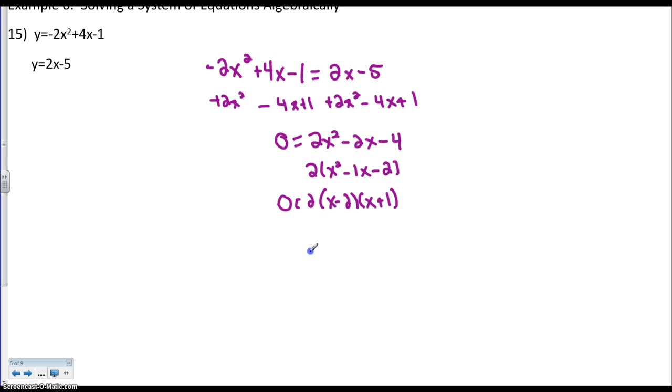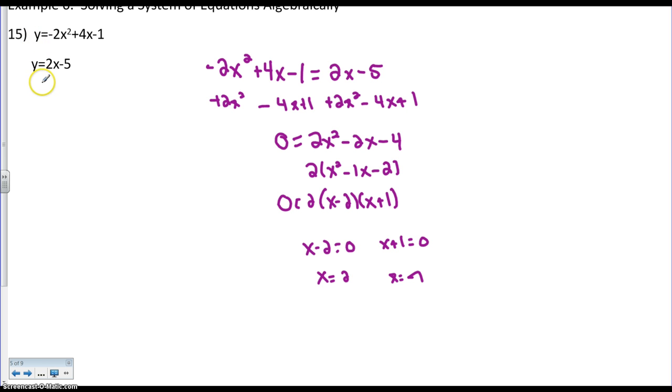So if I set x minus 2 equal to 0, I get x to be positive 2. If I set x plus 1 equal to 0, it looks like I get x to be negative 1.